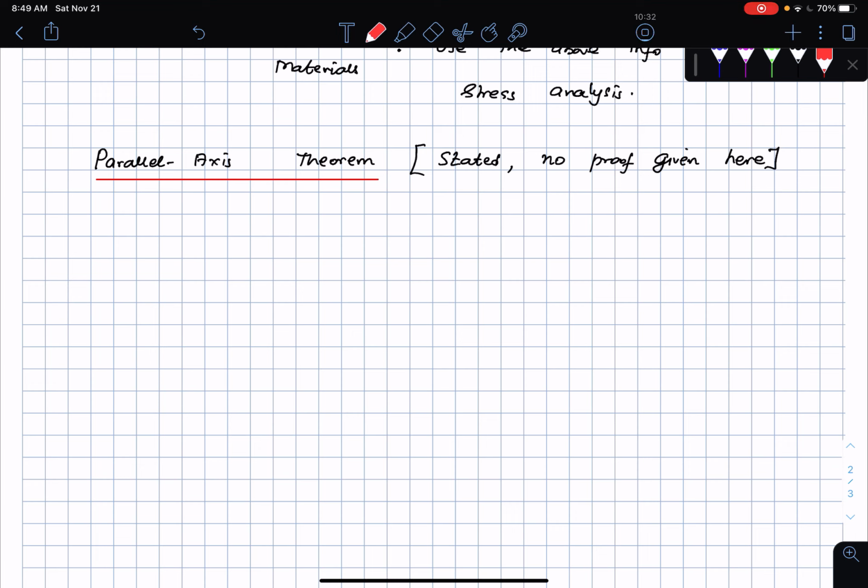Here is the basic idea. If we know the moment of inertia of a shape about its centroidal axis, then you can use the parallel axis theorem to obtain the moment of inertia of the same shape about any set of axes that is parallel to the centroidal axis. I'm going to write this down.